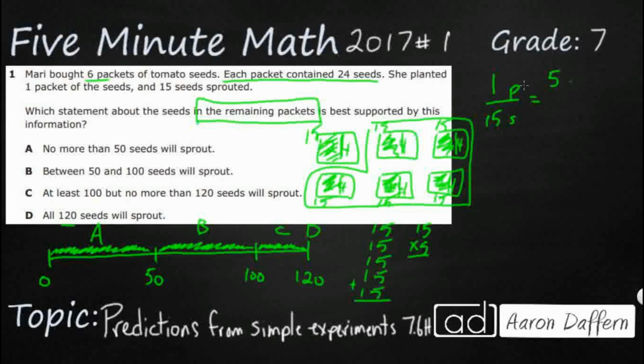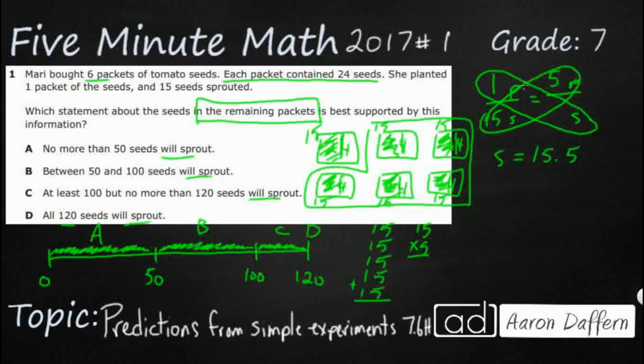I've got 5 remaining packets. So I need to know how much will sprout. That's what we're looking for. How many sprouts are in the remaining packets? So S is my unknown, but take a look at what I'm cross multiplying here. So 1S, so basically S equals 15 times 5. All right.